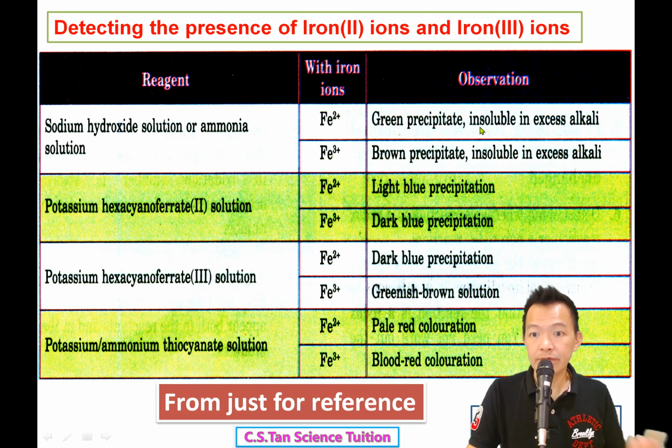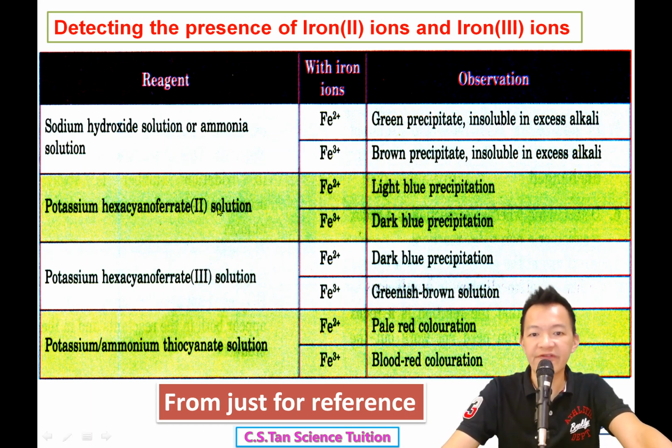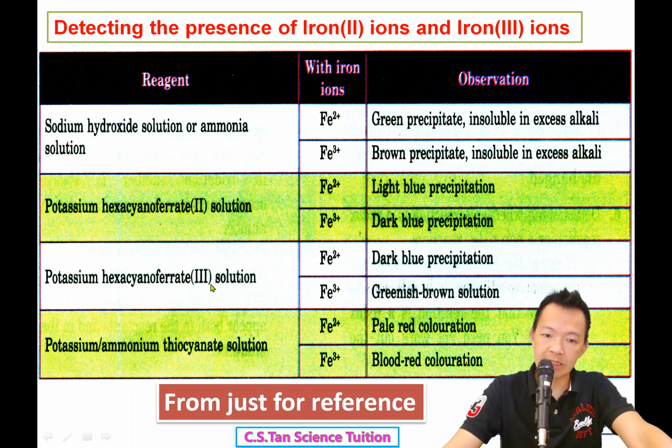In our market or in our revision books, we have so many methods of tests to confirm the presence of iron 2 or iron 3. Using sodium hydroxide or ammonia is a method. Or using potassium hexacyanoferrate 2 is also a method, potassium hexacyanoferrate 3 is also a method, or potassium thiocyanate.